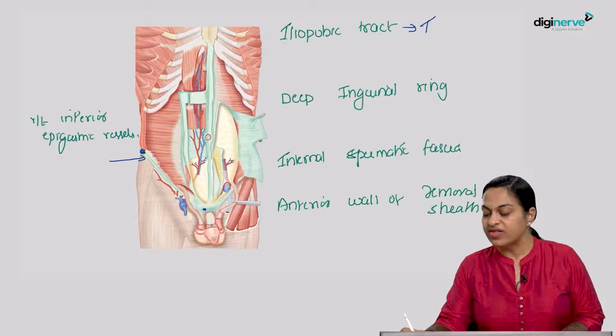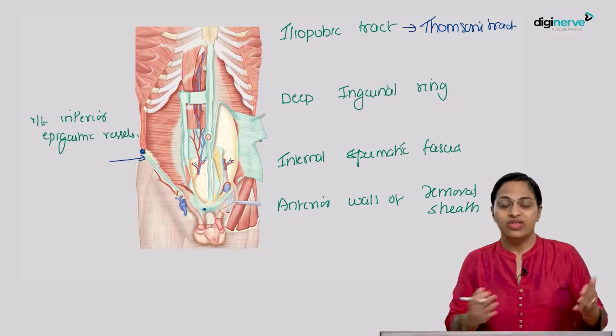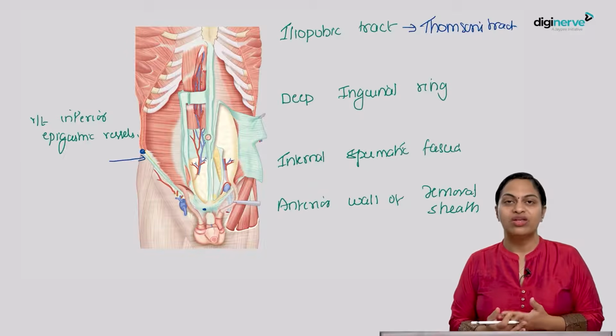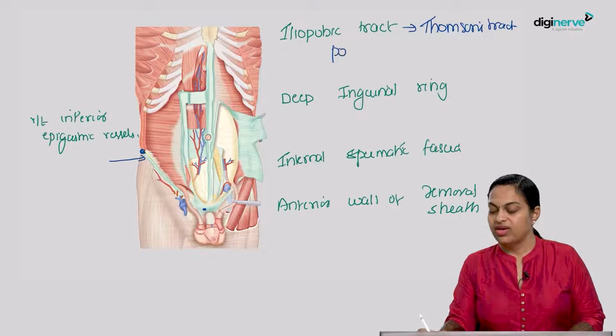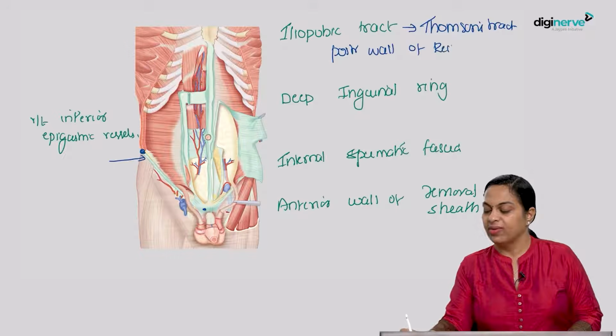It is also called Thomson's tract. So this part of the fascia transversalis will contribute to the deficiency of the posterior wall of the rectus sheath, yes, below the arcuate line.